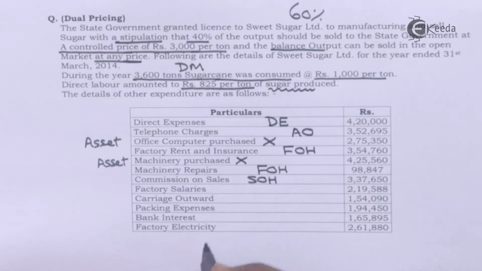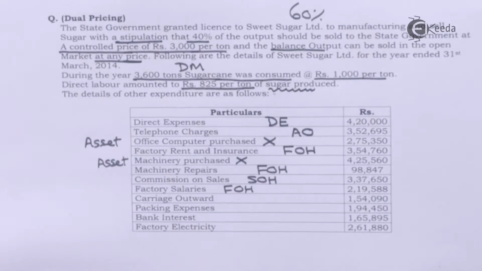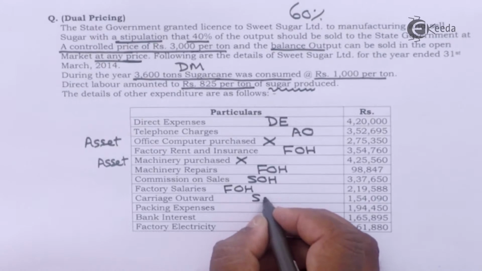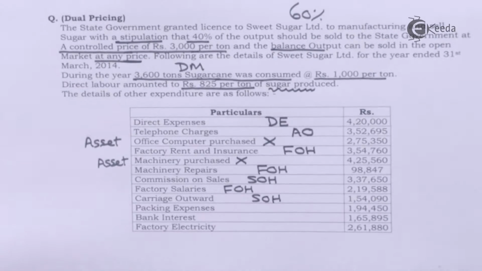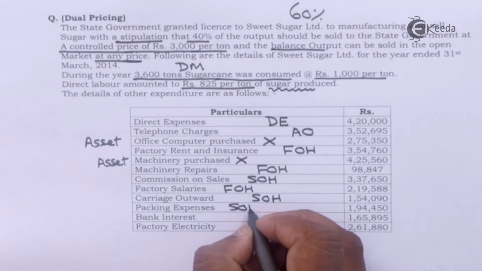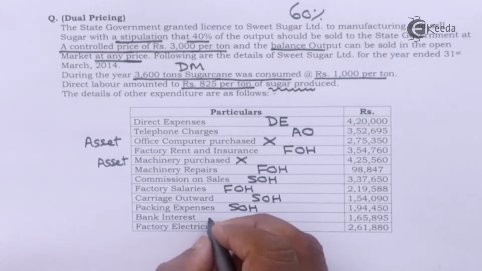Factory salaries, factory overheads. Carriage outwards, selling overheads. Packing expenses, selling overheads. Bank interest is a financial expense. It will not be recorded in the cost sheet.